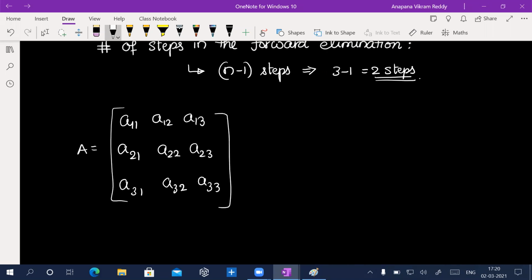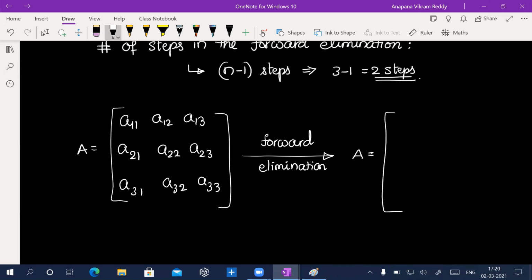Now we will apply the forward elimination step, which involves n minus 1 steps, to convert the coefficient matrix A on the left side to a triangular matrix A on the right side. How many steps? n minus 1, so 2 steps.